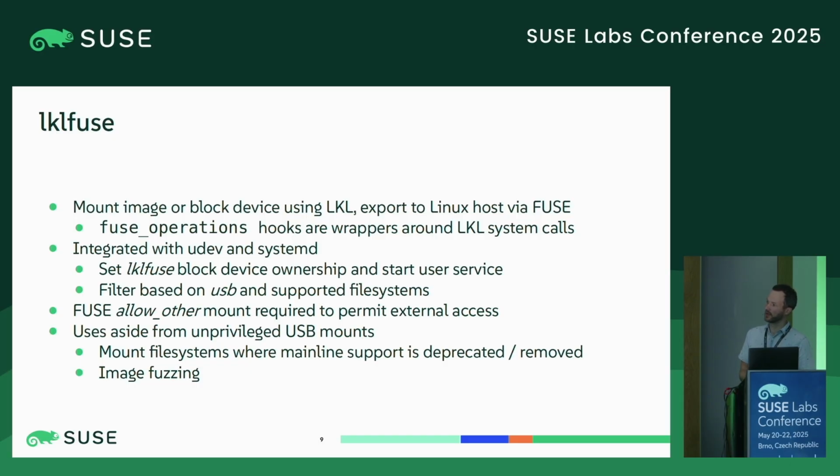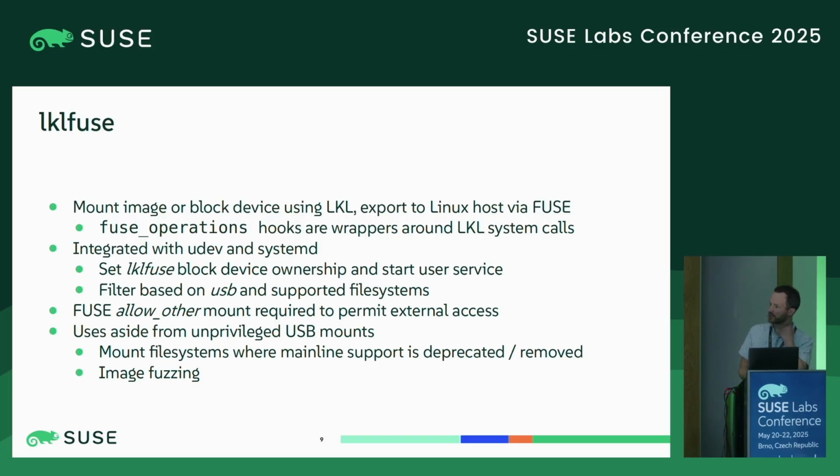We don't really need other modifications to the system aside from allowing other mount options. By default fuse won't allow access to users other than the user that mounted it. In this case, we have this lklfuse user performing the mount, so we need to tell fuse to permit access from other users on the system.